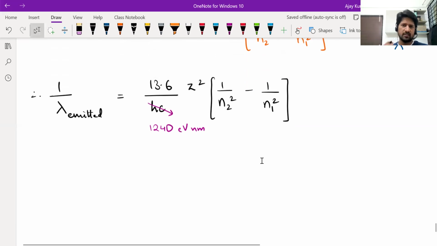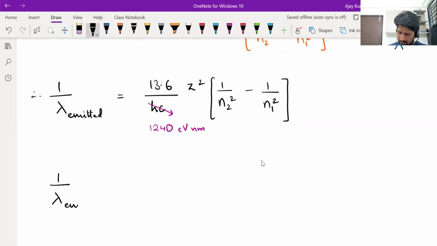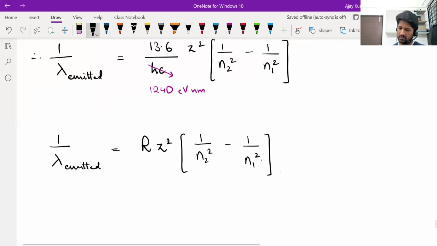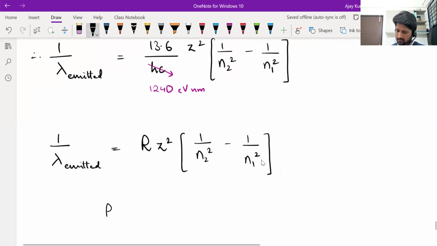Now, this can be expressed in a slightly different way also. We can write 1 by lambda, the wavelength emitted, is equal to R z square into (1 by n2 square minus 1 by n1 square), where R is called the Rydberg constant. And the Rydberg constant R is approximately 1.01 into 10 to the power of 7 meter inverse.